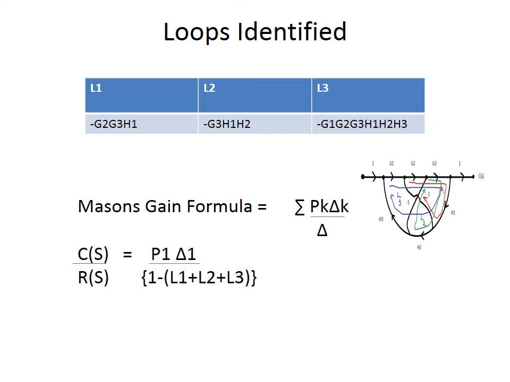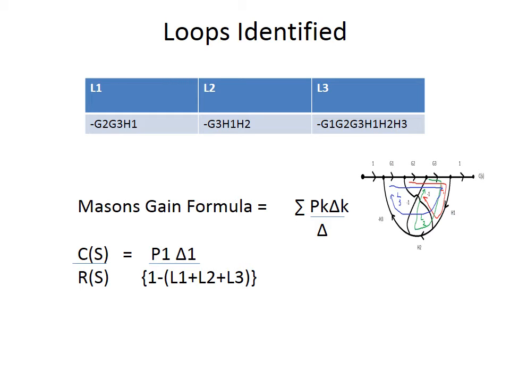So delta 1 becomes 1, and as already we have studied, L1 is minus G2, G3, H1, L2 is minus G3, H1, H2, and L3 is minus G1, G2, G3, H1, H2, H3.